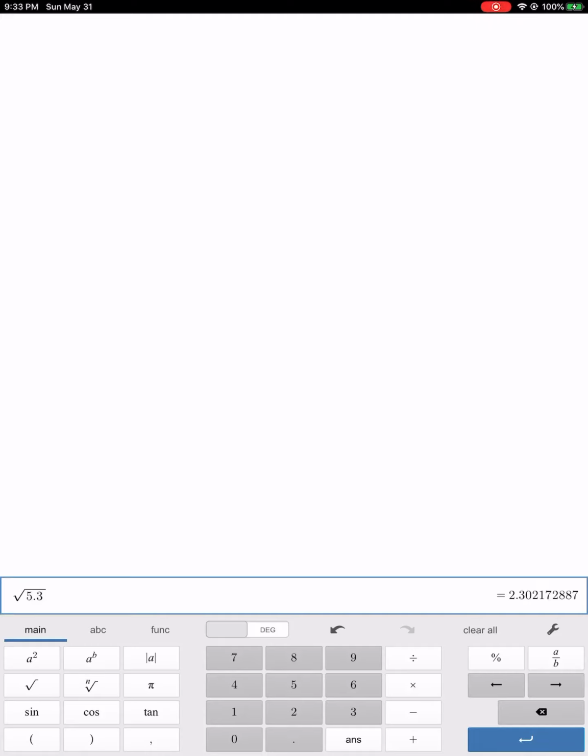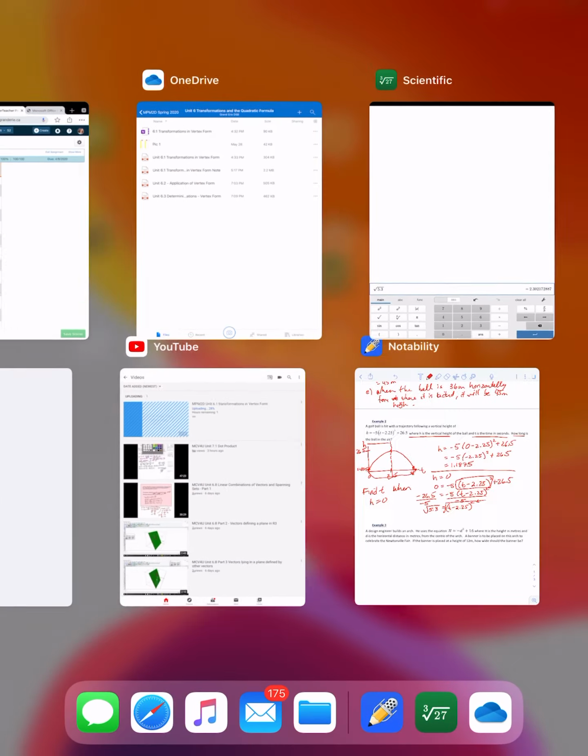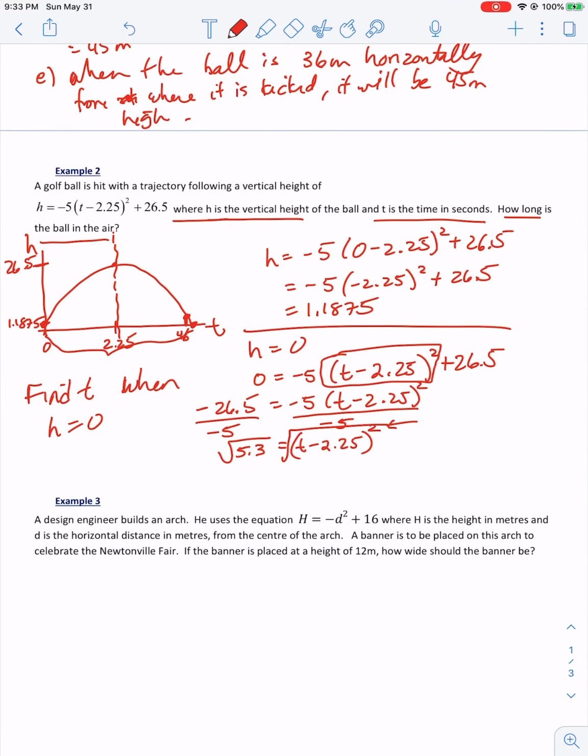That's 2.302. All right, so 2.302. Square rooting the square gets rid of the square, and this is actually plus or minus on this side.